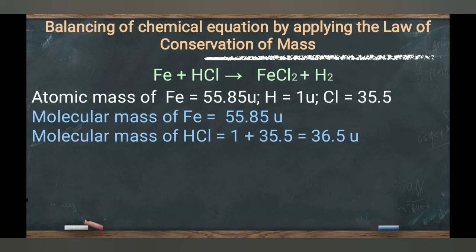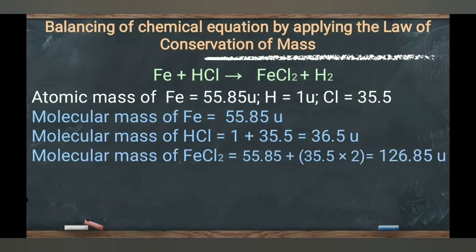Now we will calculate the molecular mass of products. In products we have ferrous chloride and hydrogen molecules. The molecular mass of ferrous chloride is equal to 55.85 plus 35.5 multiplied by 2 equal to 126.85 units.